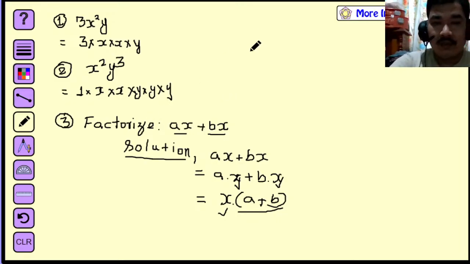Now look here, I want to show you example number a, this I am writing here, this is the question.